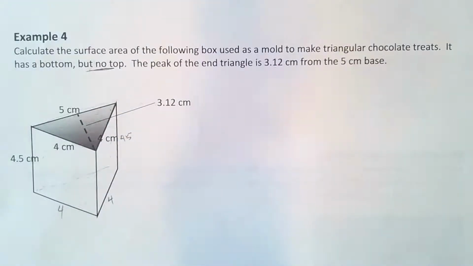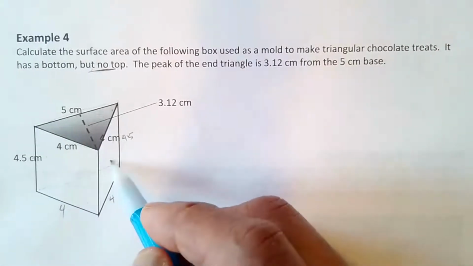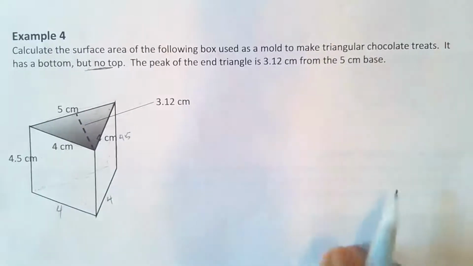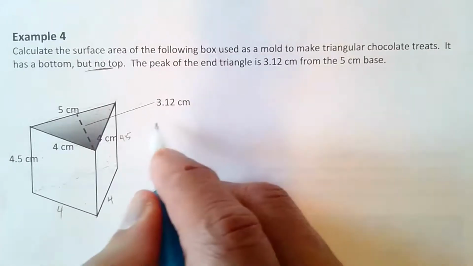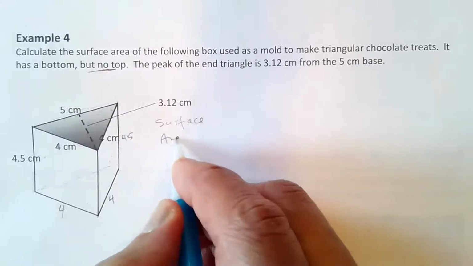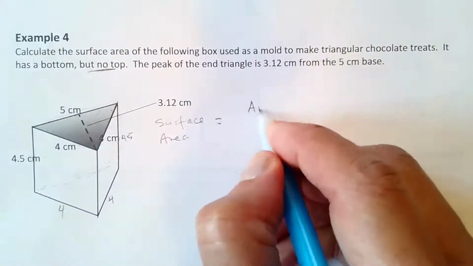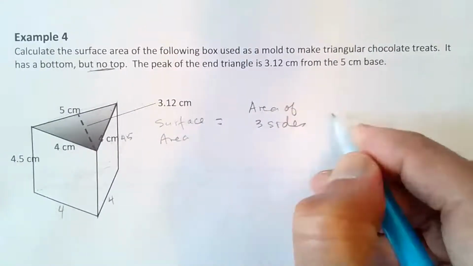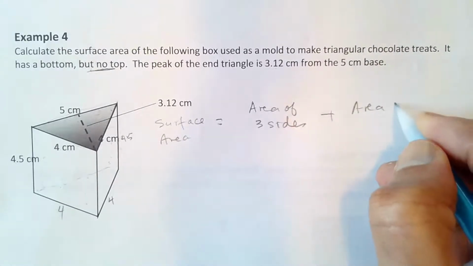So the surface area will be the area of the 3 sides plus the area of the bottom. We can write that down here: surface area is equal to area of 3 sides plus the area of the bottom.